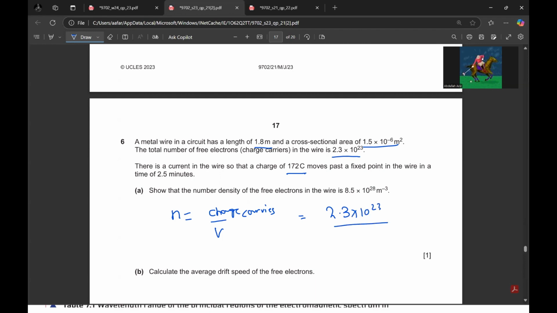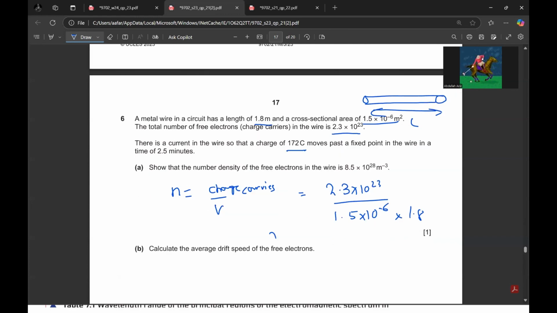Volume we can calculate. Let's take the wire as a cylinder because wires are actually cylinders. So we have the cross-sectional area, basically base area into height. Cross-sectional area is 1.5 into 10 power negative 6, and the height is basically the length, 1.8. So we get 8.5 into 10 power 28.